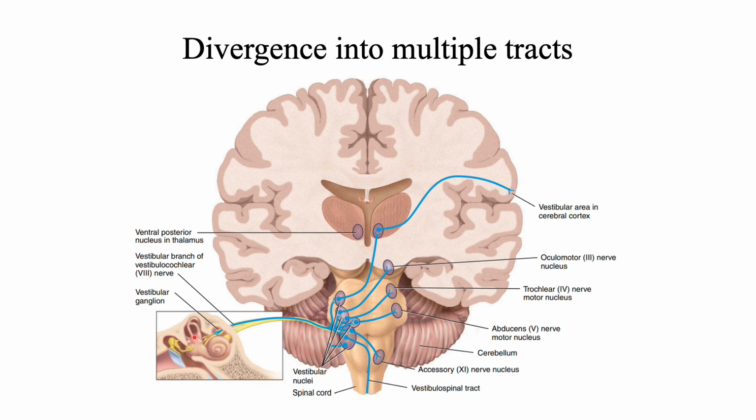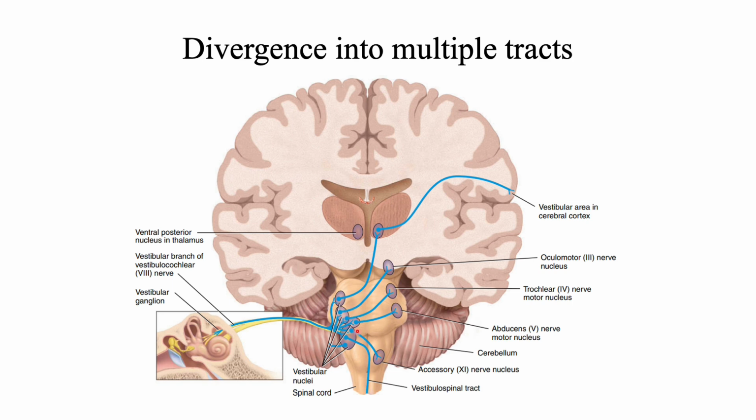For example, when you move your head, there are specialized sensory receptors present in the inner ear. This information will be transmitted through one of the cranial nerves called the vestibulocochlear nerve. This nerve will enter the nuclei in the brainstem. These vestibular nuclei have to diverge this signal from the vestibular nerve into multiple tracts.